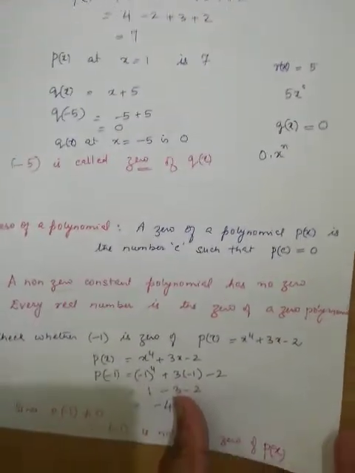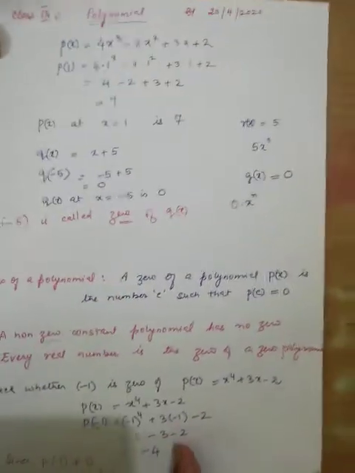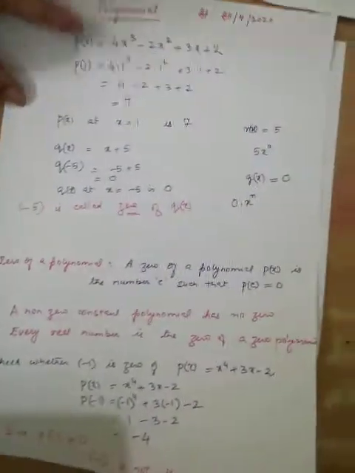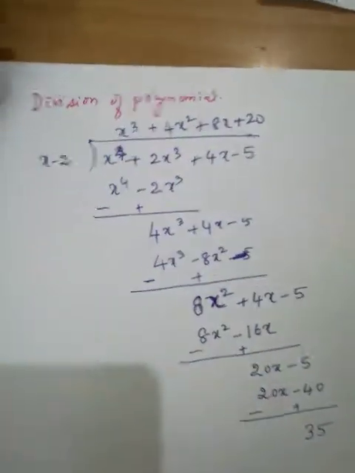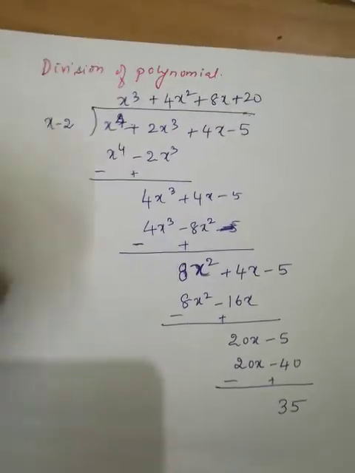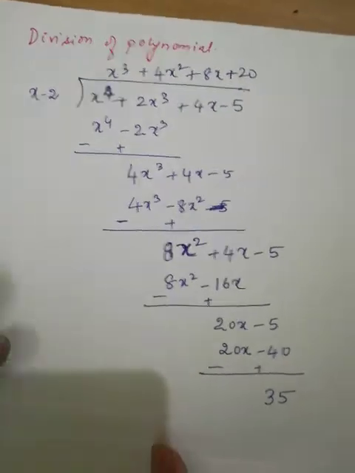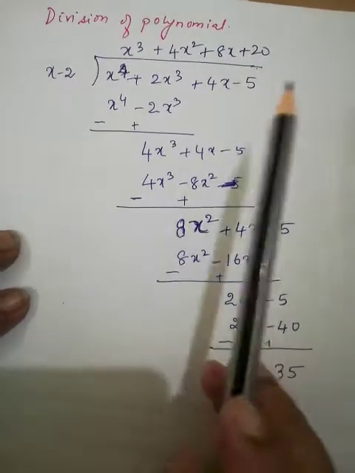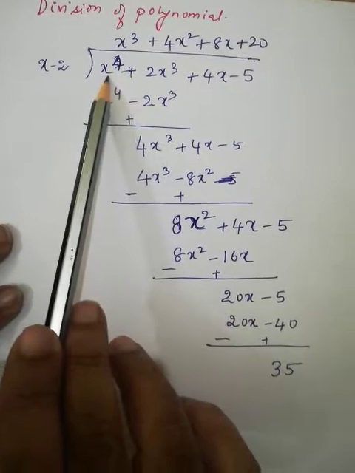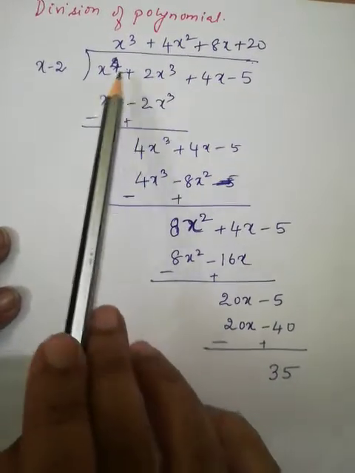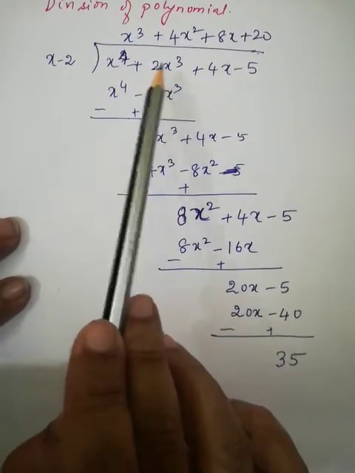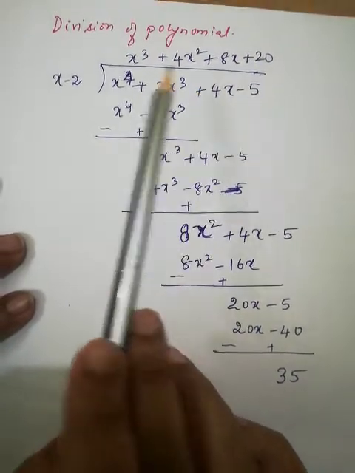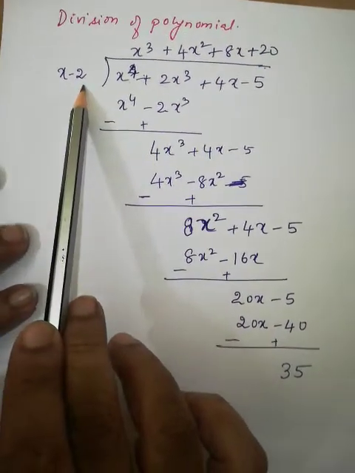Before we wind up with this topic, let me recall what you have done. Division of a polynomial in the 8th standard, and more about it I'll be telling you tomorrow. Here I have taken a polynomial, x to the power 4 plus 2x cube plus 4x minus 5, and I am dividing by x minus 2.